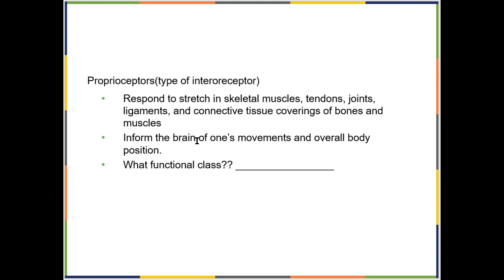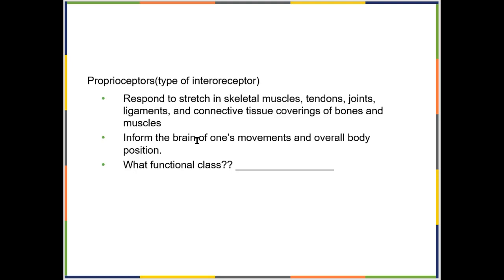But if you think about what this really does, is that if your brain knows that your bicep is shortened and your tricep is lengthened, then you must be flexed at the elbow. So taken together, what your proprioreceptors do is give your brain a picture of what position your body is at any given point in time.